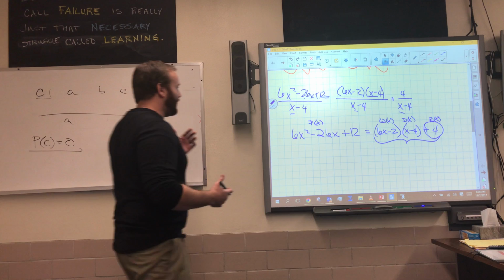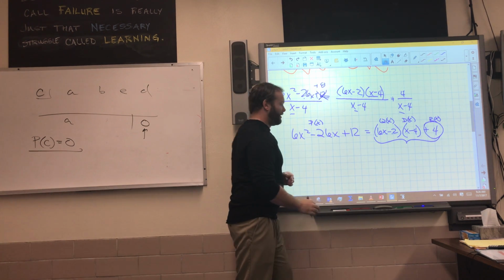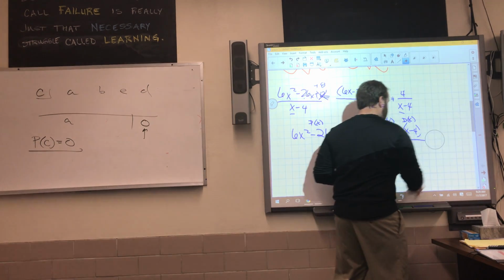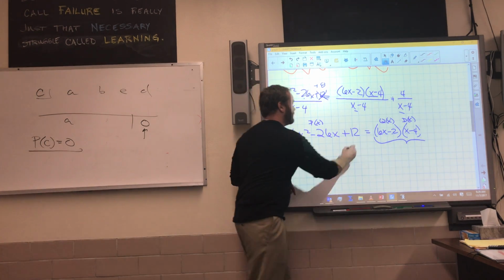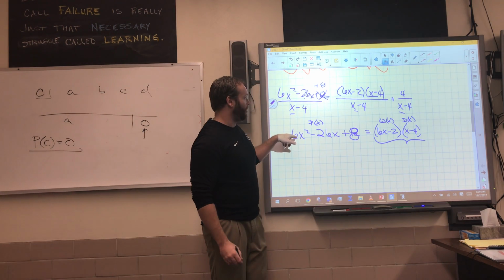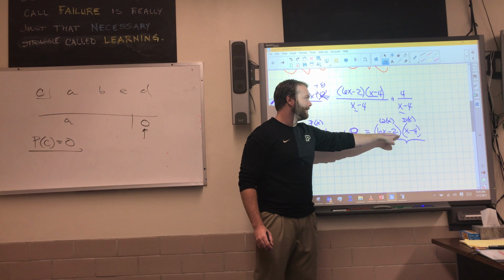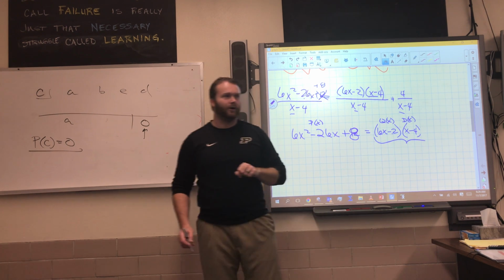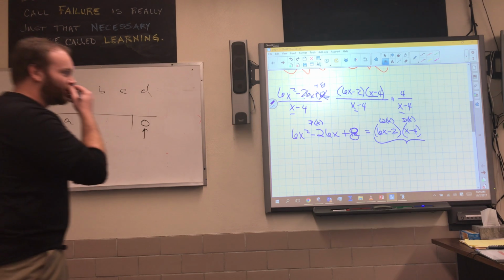Let's just say this would have been a plus 8 here instead of a plus 12. Then this would have been a 0. I have no remainder. And now this would have gone from 6x squared minus 26x plus 8 down to this thing. And does that tell you where your graph crosses the x-axis? Those are linear factors, right? Those are zeros. So that's the purpose and the necessity of being able to do this long division.